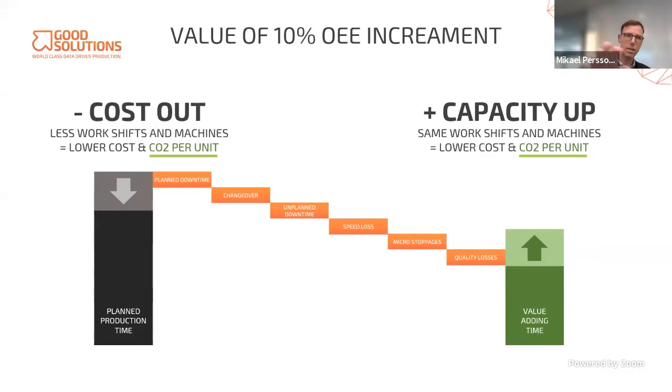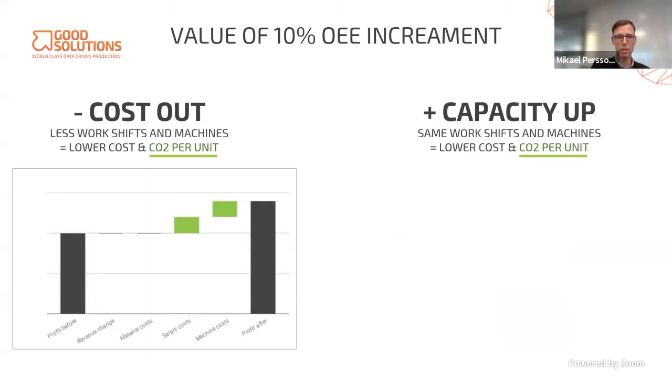And if we take that and look into the two types of business cases I showed in the beginning, and looking at what is happening when you have a cost out case, it means that the profit you had last year, if you can produce more in less time, or maybe instead you can produce the same amount in less time, you will have the same revenue, you will have the same material cost.